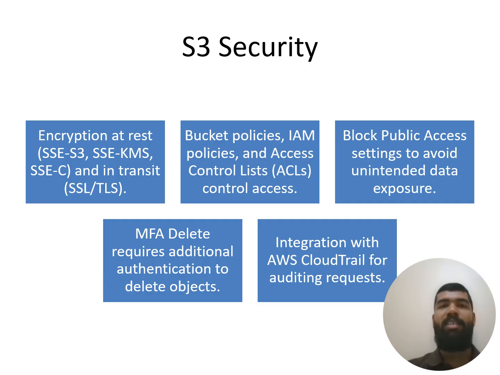Access is controlled through IAM policies, the user management policies, bucket policies, and ACLs. AWS provides block public access settings to prevent accidental exposure of data, and MFA delete for additional protection against any unwanted deletions, which could be destructive.